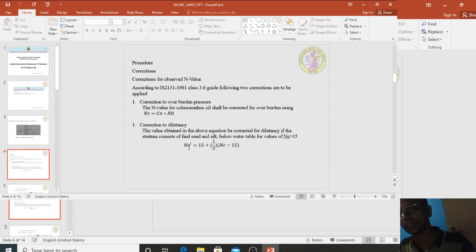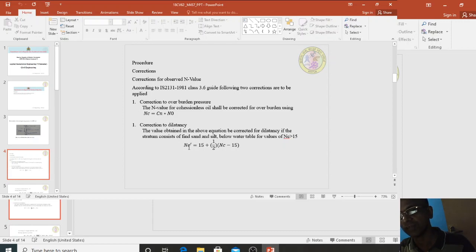Correction to overburden pressure is NC equals Cn into N0, where N0 is the original number of blows required for 30 centimeter penetration in the field beyond 15 centimeter of seating drive by using a 65 kg rammer with a 75 centimeter free fall, where Cn is equal to 0.77 log base 10 of 2000 divided by sigma, where sigma is gamma into h.